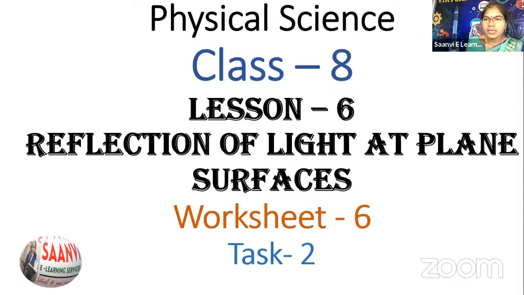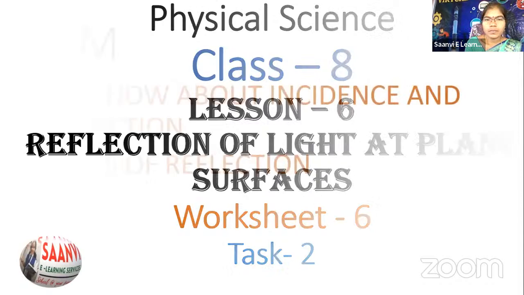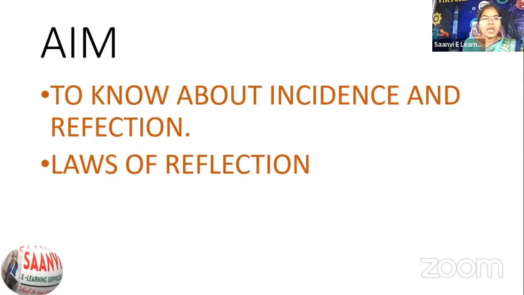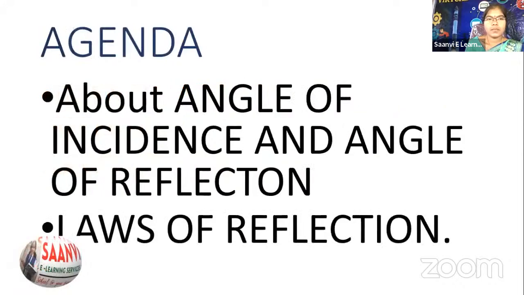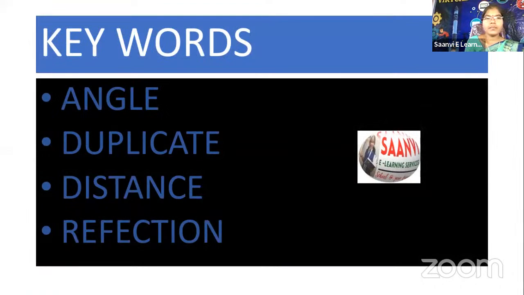Worksheet 6, task 2. The aim is to know about incident and reflection, the laws of reflection, and the angle of incident and angle of reflection. Keywords.